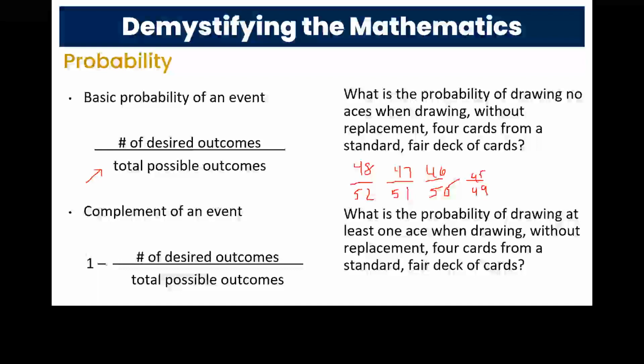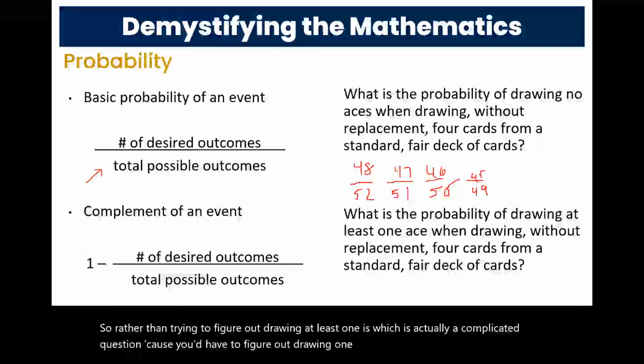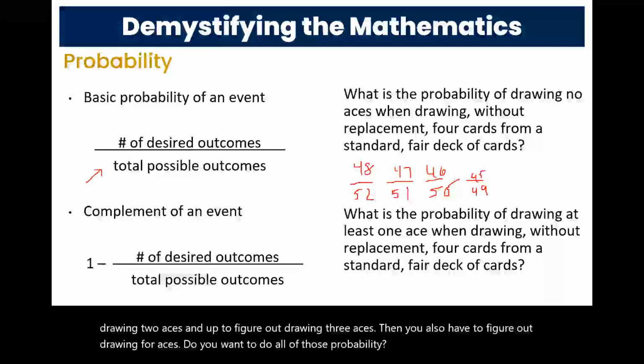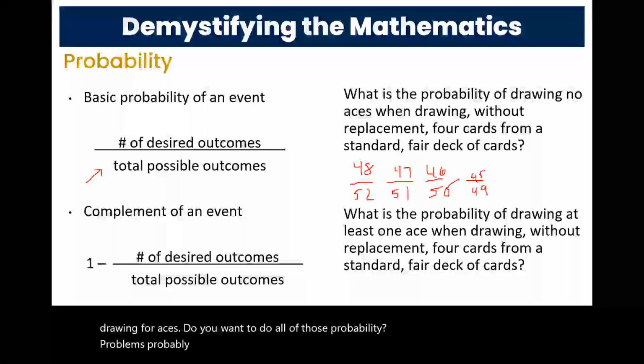So rather than trying to figure out drawing at least 1 ace, which is actually a complicated question, because you'd have to figure out drawing one ace, then two aces, then three aces, then also four aces. Do you want to do all of those probability problems? Probably not. What could you do?